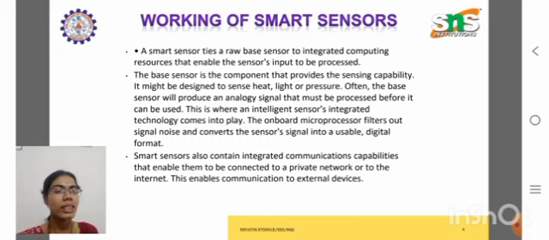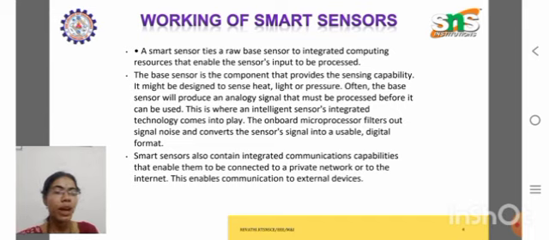Often the base sensor will produce an analog signal that must be processed before it can be used. The signal is pre-processed before we use it. This is where the intelligent sensor's integrated technology comes into play. The onboard microprocessor filters out signal noise and converts the sensor's signals into a usable digital format.